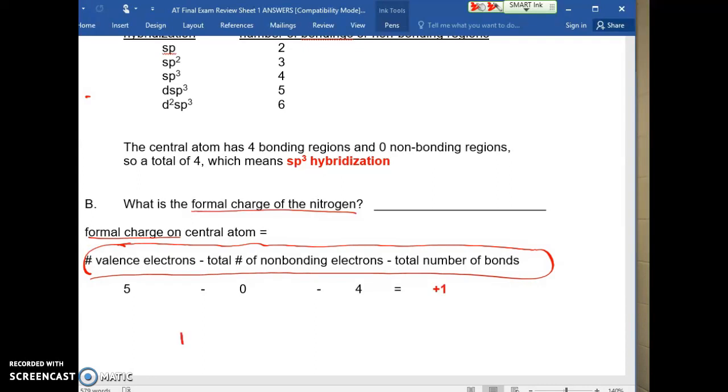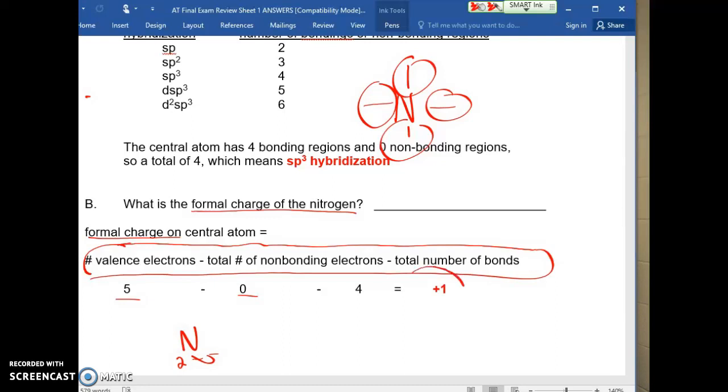If you remember, nitrogen, which is 2,5, has 5 valence electrons. If you look back at that diagram, on that nitrogen there are no non-bonding electrons, and there are a total of 4 bonds. So I have to subtract 0 and 4 from 5. That gives me a formal charge on the nitrogen of positive 1.